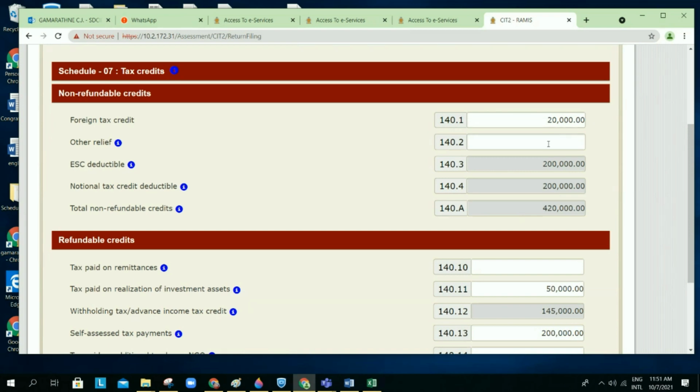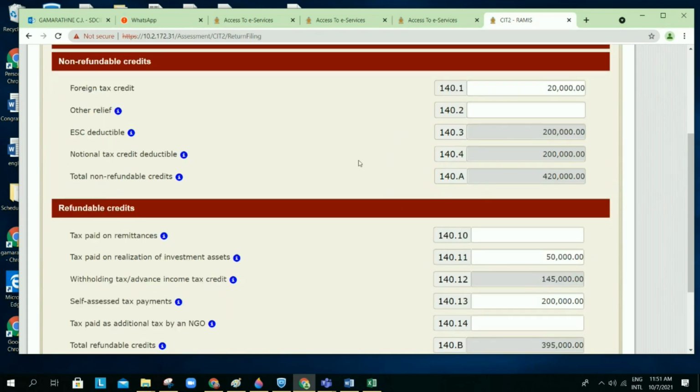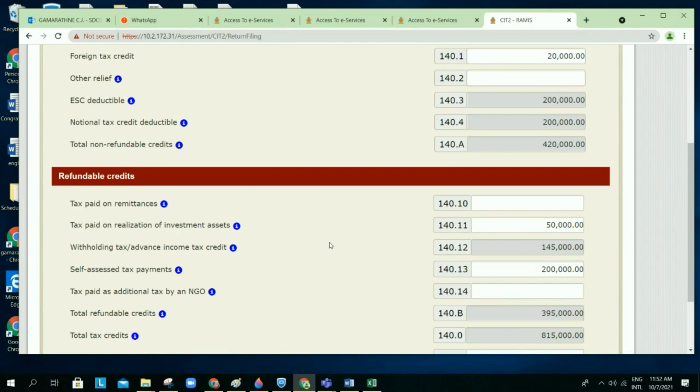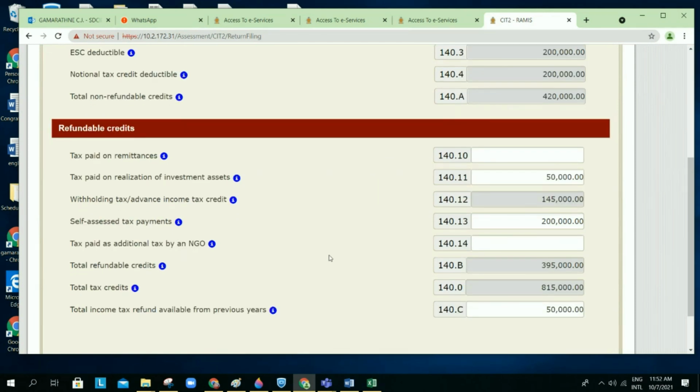If there is other relief, you have to declare it here. Mainly schedule 7 is structured under 2 topics: non-refundable credits and refundable credits. Non-refundable credits mean we can't claim this credit as a refund. Refundable credit is directly cash related. If you have an excess amount, you can claim the refund.